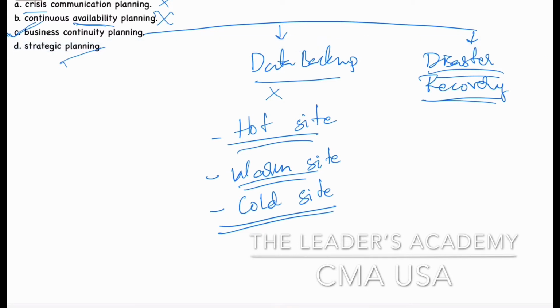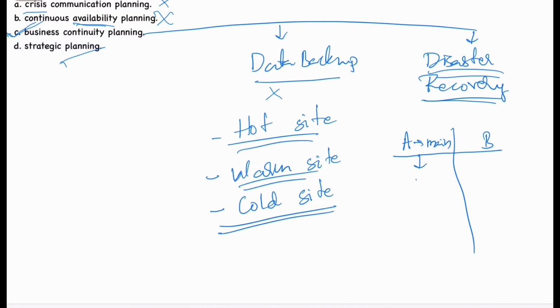Hot site is that location which works parallelly. Take this as site A and this as site B. These two are working parallelly. This is the main office. If something goes wrong here, if it is not ready to be in workable condition, suddenly we can shift to office B or site B. Here the work is possible.